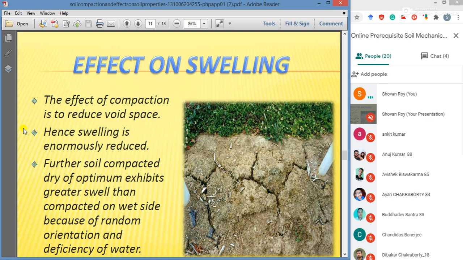But when the amount required for swelling is present in the soil, it will behave differently. In the normal process we cannot measure the water content responsible for swelling and shrinkage. But if it is present, soil will behave differently.